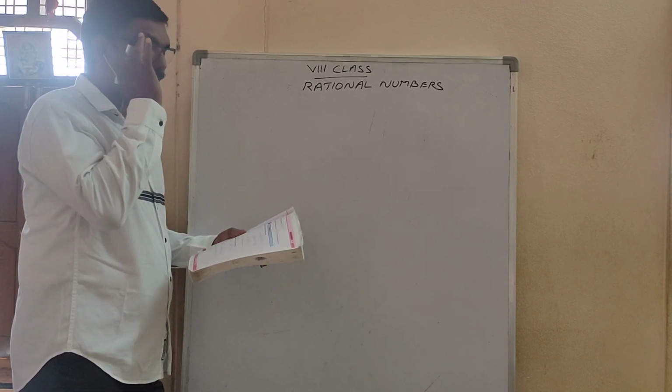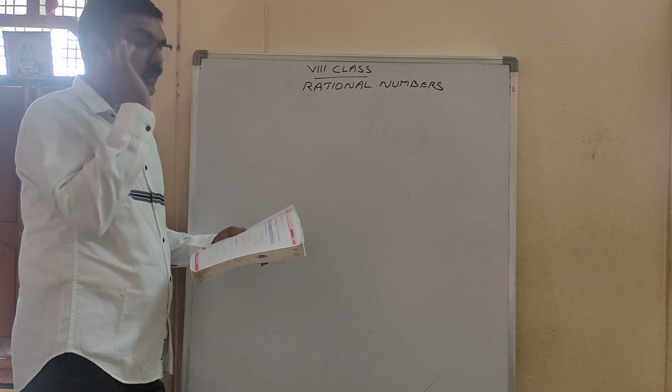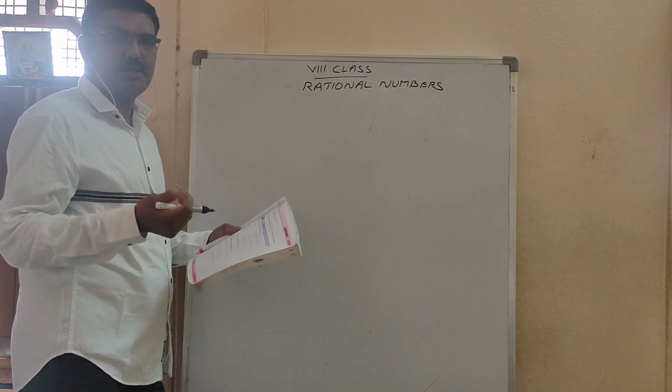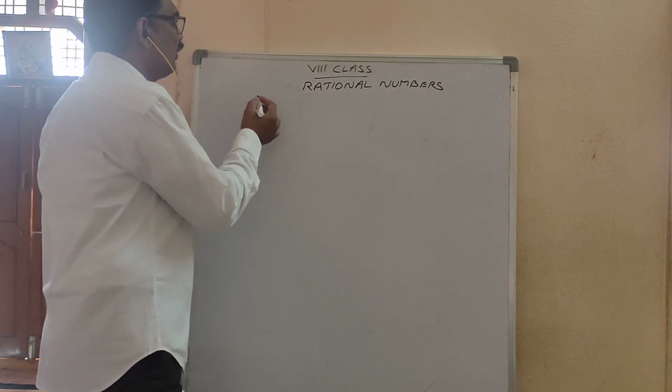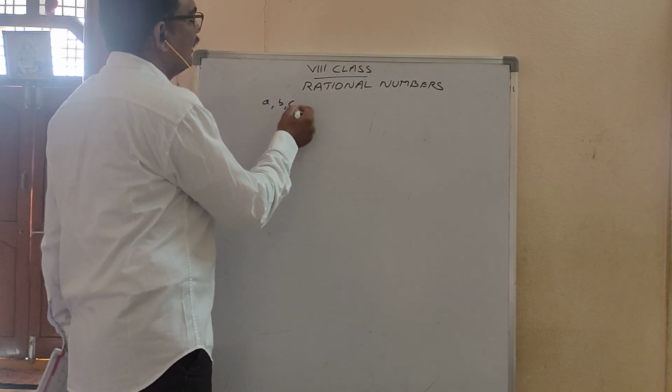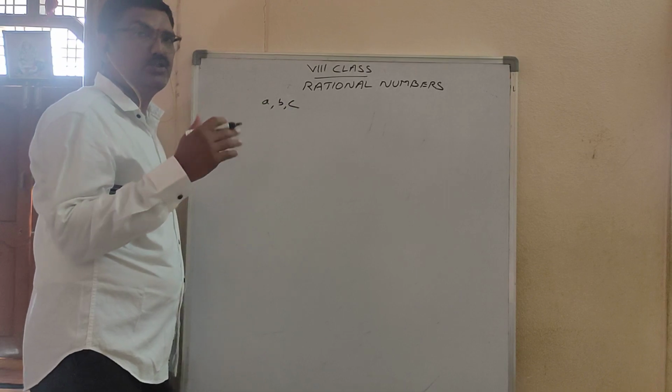The commutative property is completed. Next, we have to go for the associative property. The associative property is nothing but you should take 3 numbers. Till now you took only 2.